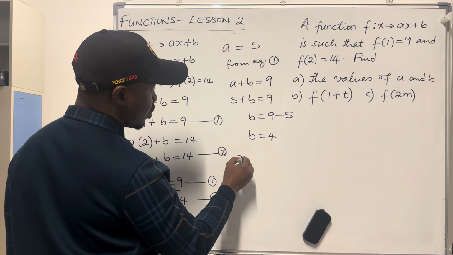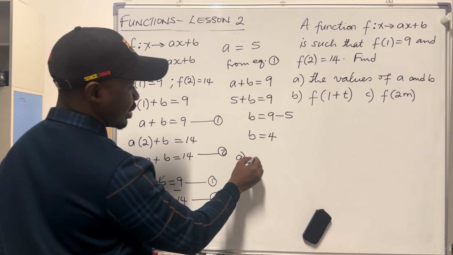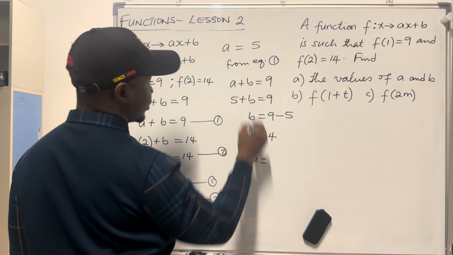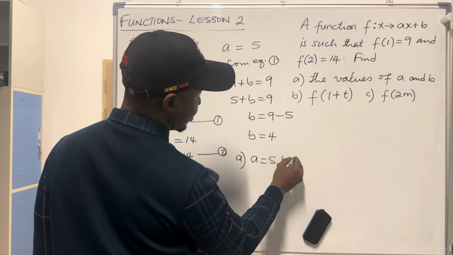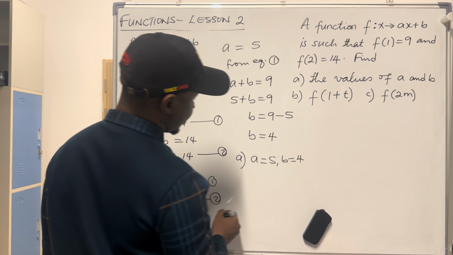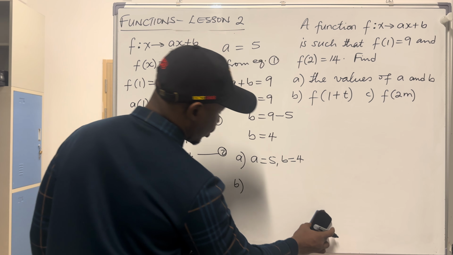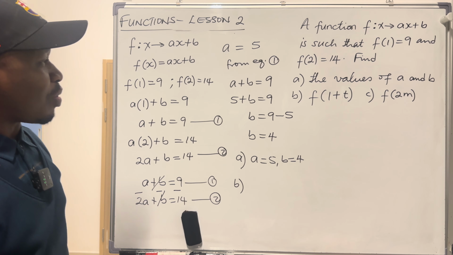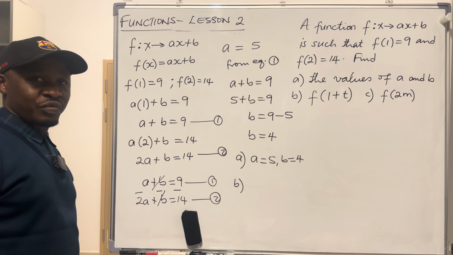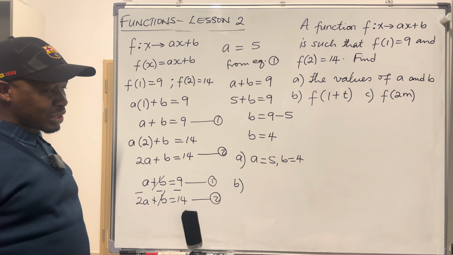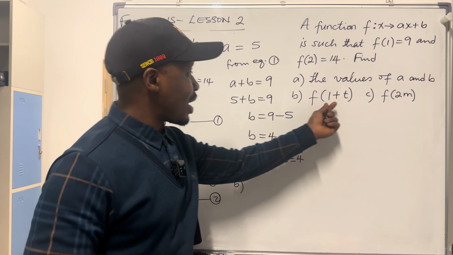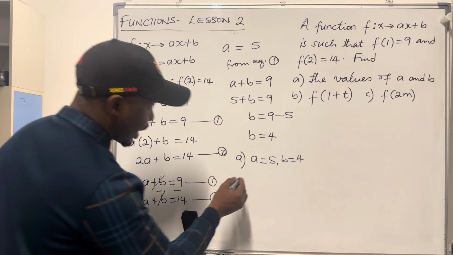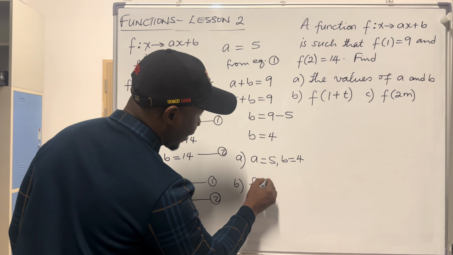So the a part of the question is to find a and b. A is 5. B is 4. So how about the b part of the question? Is to find f of 1 plus t. We want to find f of what? 1 plus t. But before we find f of 1 plus t, let us write first f of x properly.